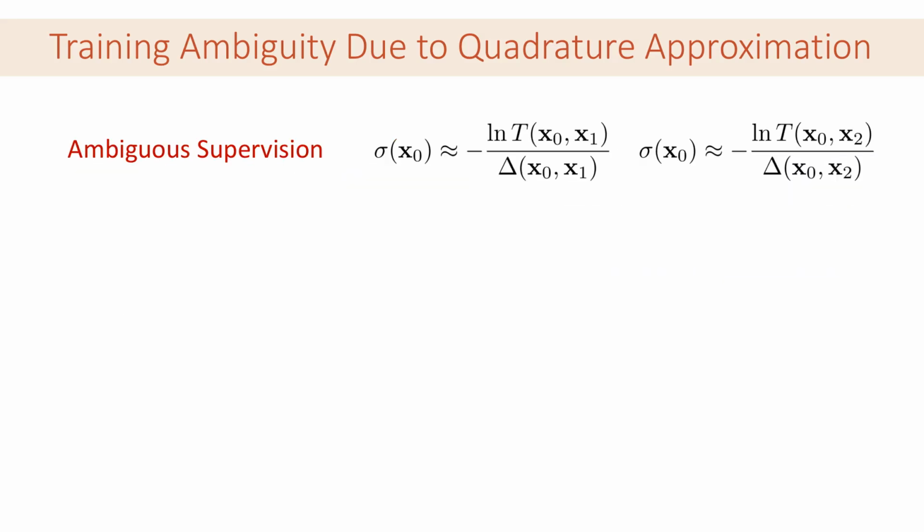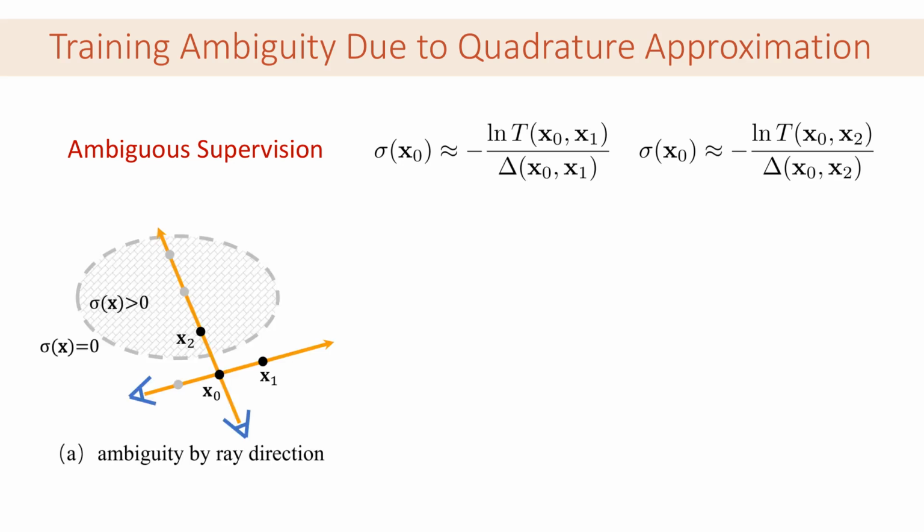Next, we present two intuitive examples to illustrate why supervision signals from different segments can be inconsistent. In the first example, within the same training batch, two segments, x0, x1 and x0, x2, originating from the same starting point, but along different directions, are sampled. The dashed ellipse in the illustration represents an object in the scene.